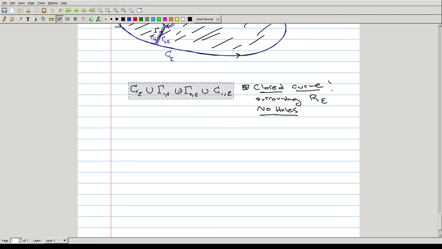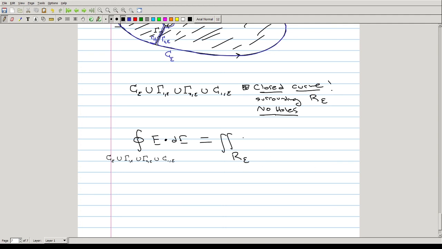Specifically, we can consider the closed line integral over this entire curve of f dot dr, and this is going to be exactly equal to the double integral over R epsilon of the curl of f.